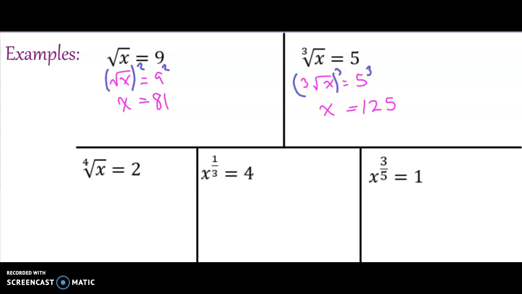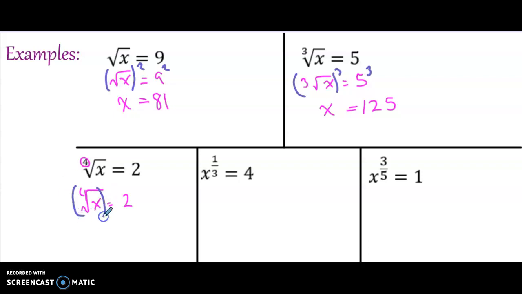Another example, on the bottom left, in front of that radical we have this 4. The way to do that is just like what we did before with the cube and the square root. We'll take it to what power?